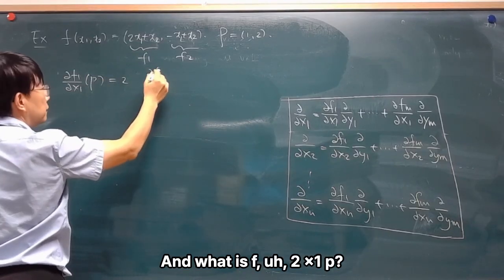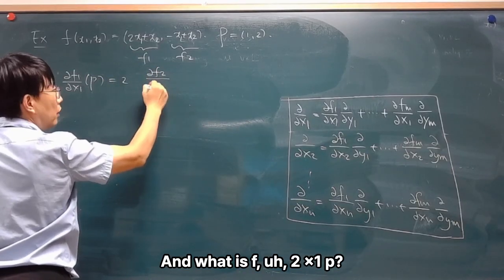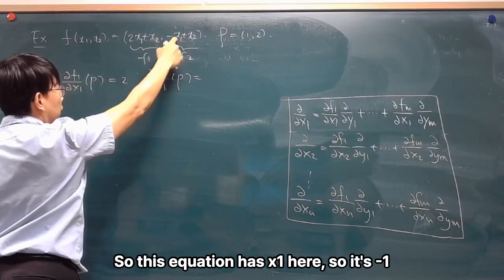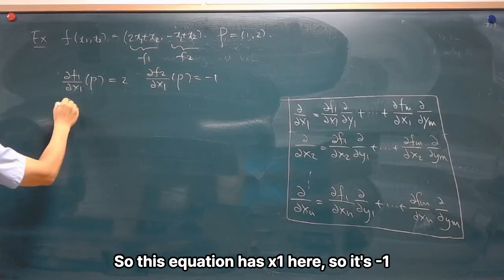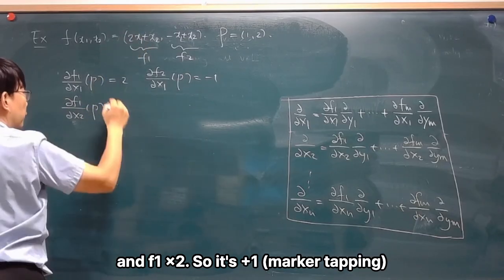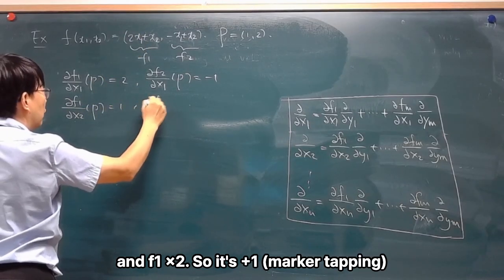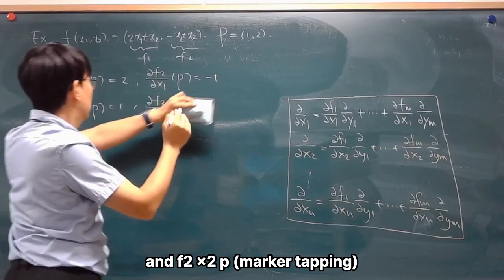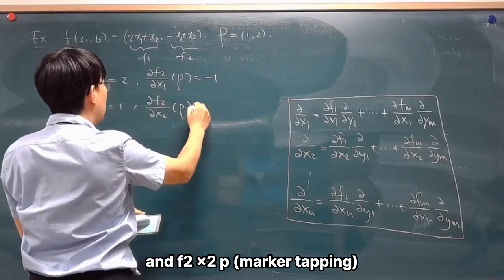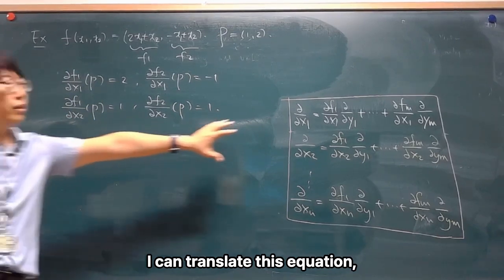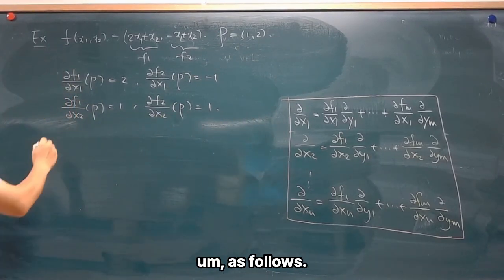And what is f2 x1 at p? This equation has minus x1 here, so it's -1. And f1 x2 is +1. And f2 x2 at p is also 1, right?